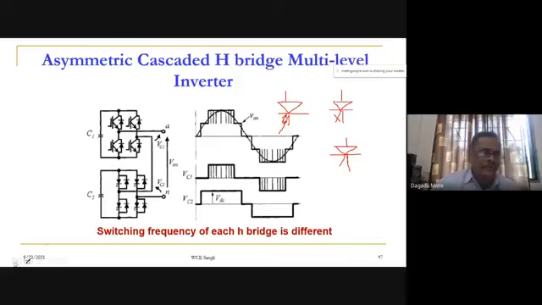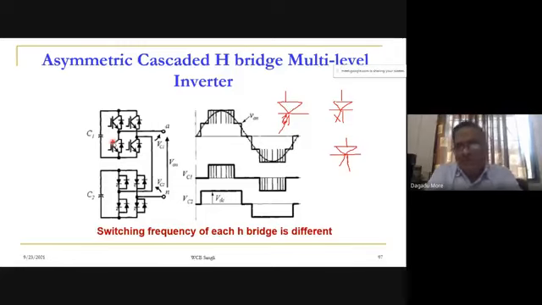So here what I want to show is that here we are using the GTO and here we are using the IGBT. That may be for high power applications. Let us assume that. Why are we using two different devices? What will be the logic? One bridge we make with gate turn off thyristors, and the other bridge we can use IGBTs. GTOs we can operate at low frequency.